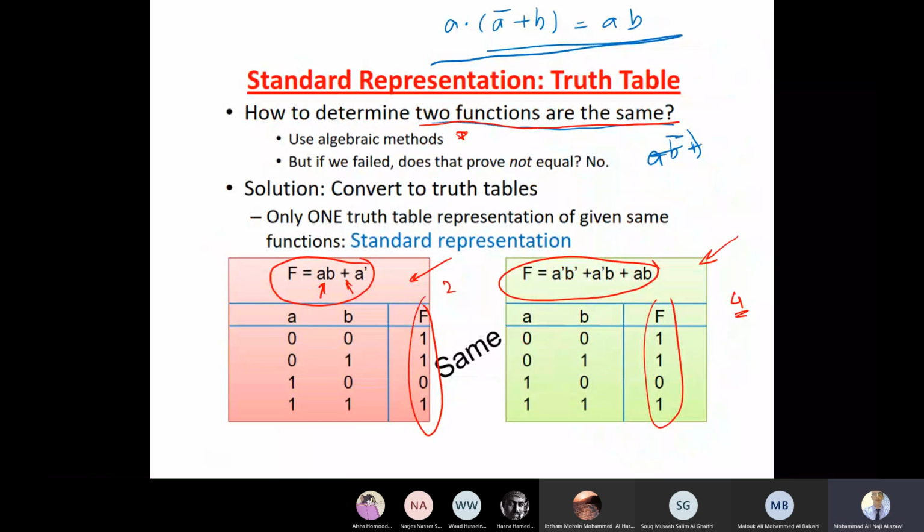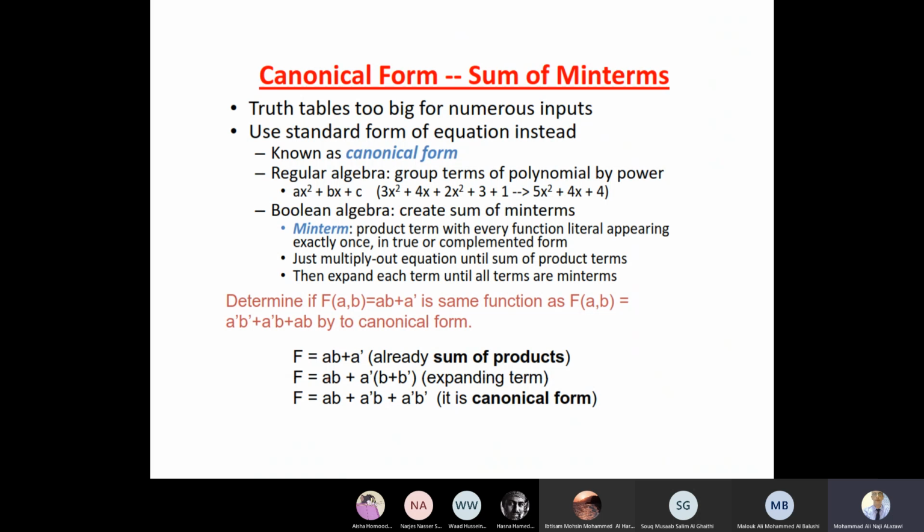So the same thing here. If you find the truth table of the first equation, this equation, and compare it with the second equation, you will find that these are the same circuit and they do the same process. Now we'll discuss something about the canonical form, sum of minterms.